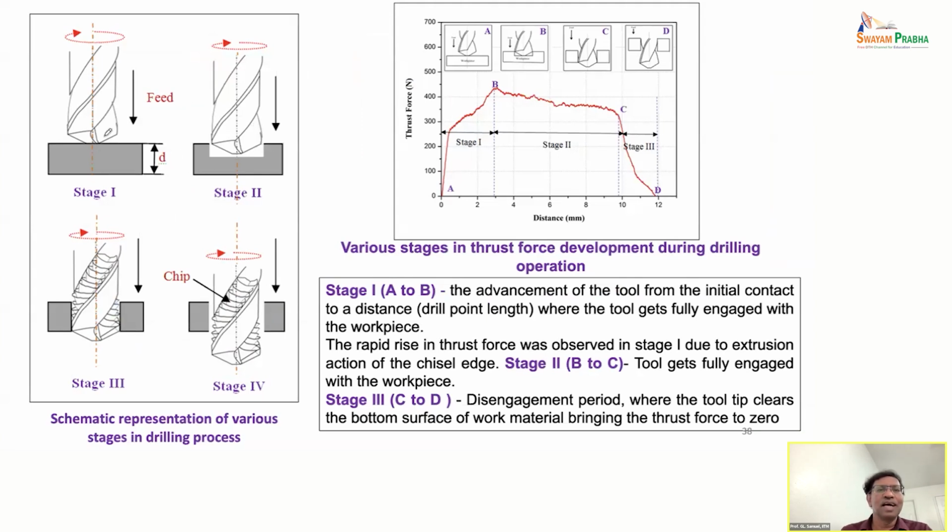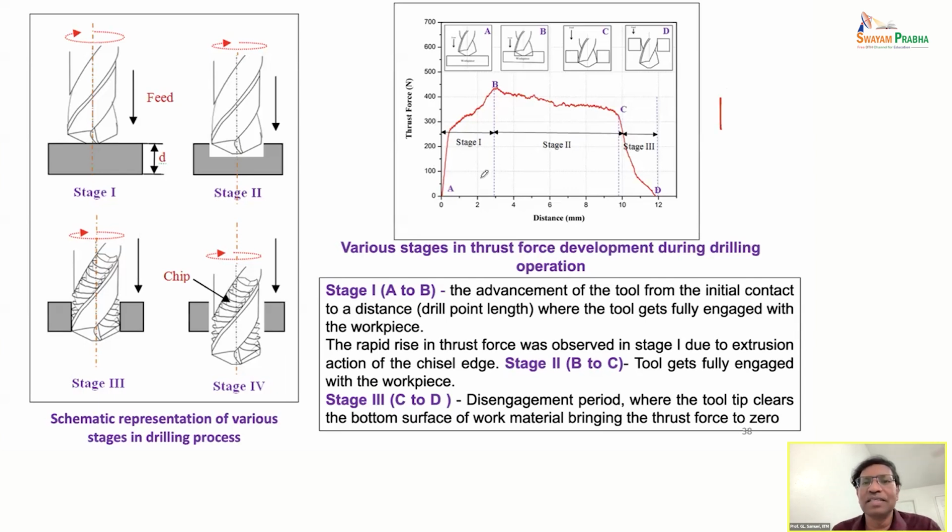Then as the tool touches, it moves to the different depths. So what is going to happen for the cutting forces? One of the cutting forces here is the thrust force, which will be acting in this Z direction.